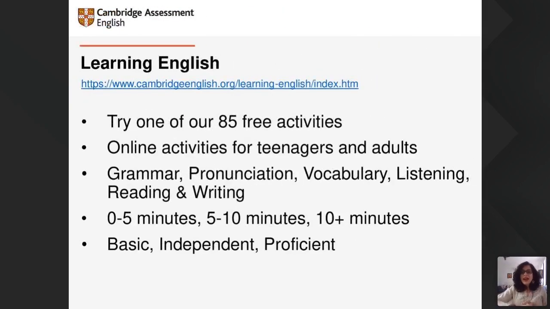You also have learning English for, again, students, teachers, aspirants, candidates who are keen on improving their language proficiency and upskilling themselves with regards to the English language.